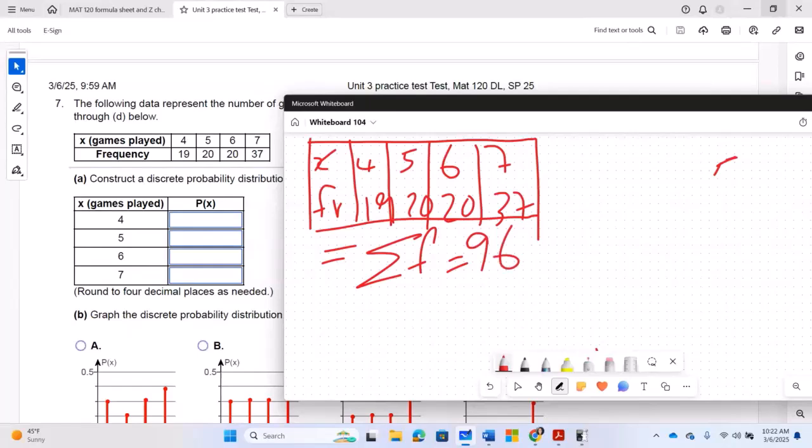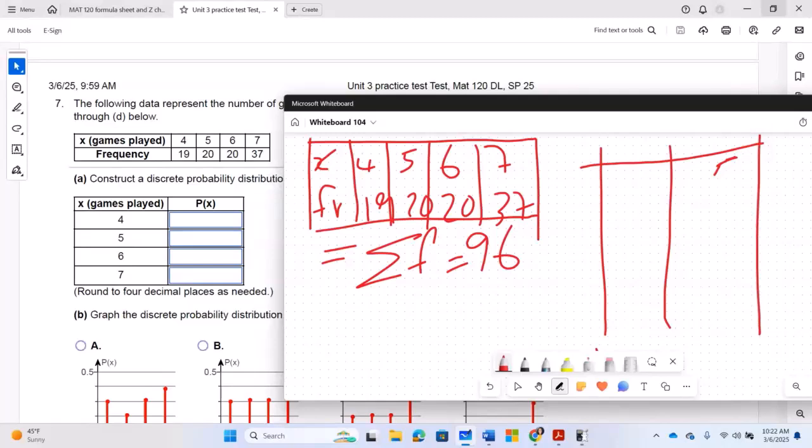So the total frequency is 96. So I'm about to complete the table here. I'm now going to complete this table as a relative frequency table or probability distribution.